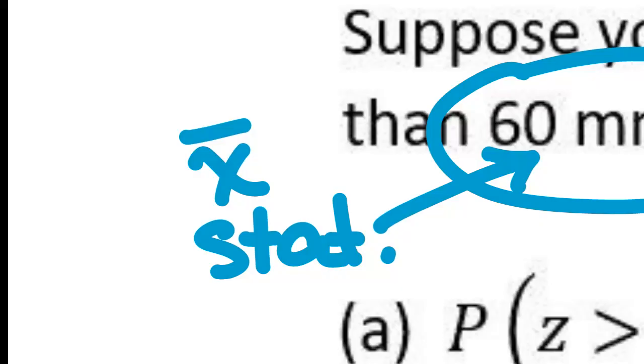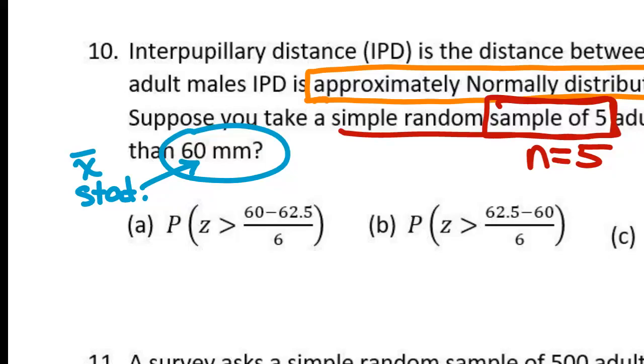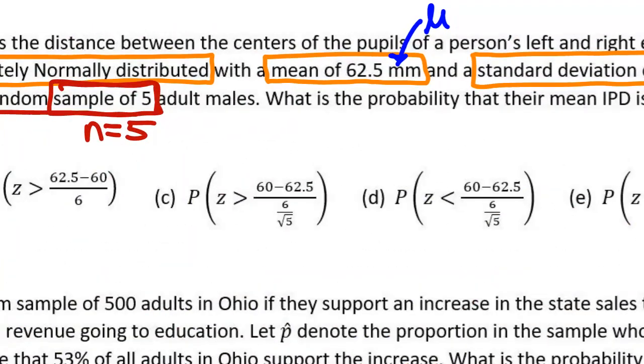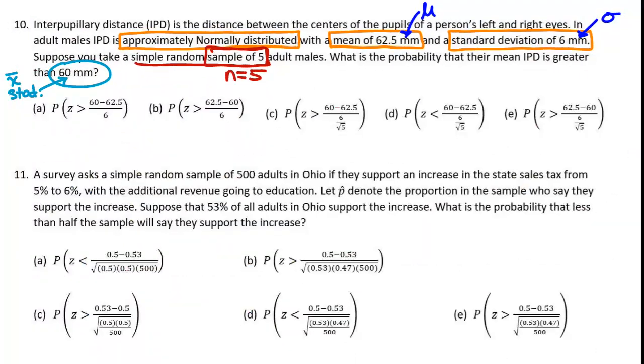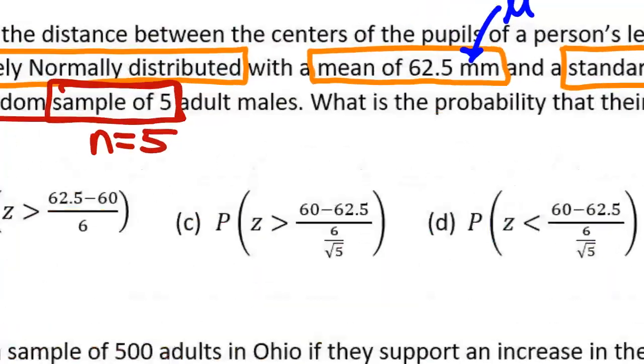This calculation for a standardized test statistic gets used the exact same way. We need to know what our statistic is and what our parameter is. So there's my statistic. We know what the mean is. We have the population standard deviation, but we're talking about a sample.